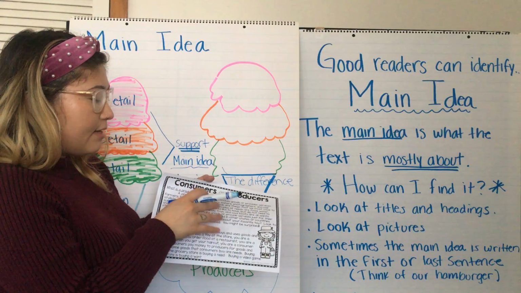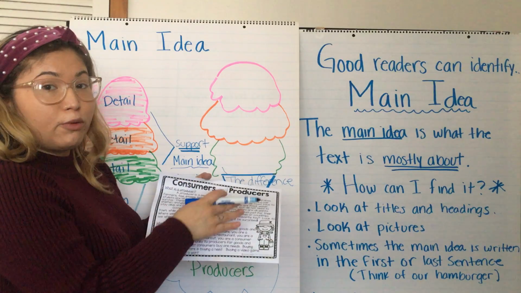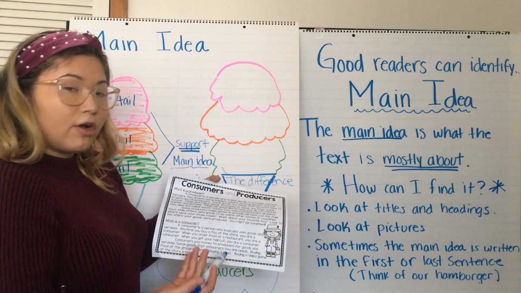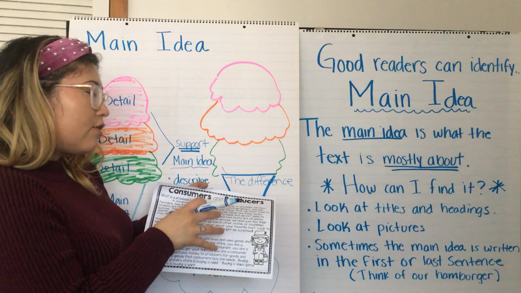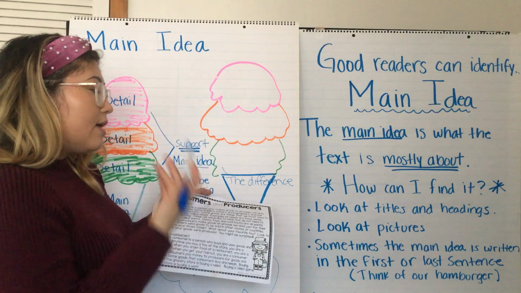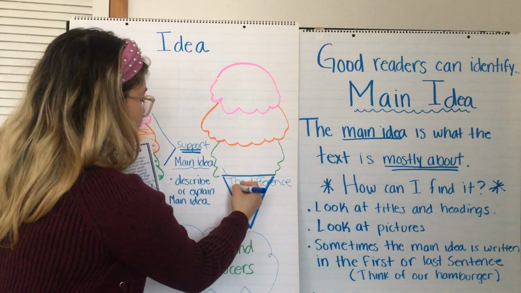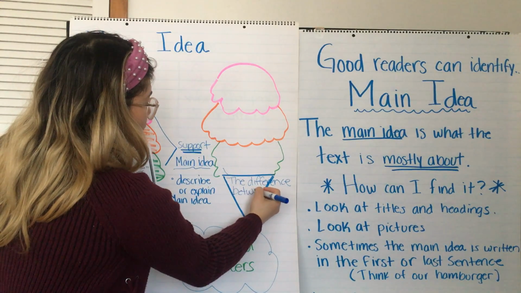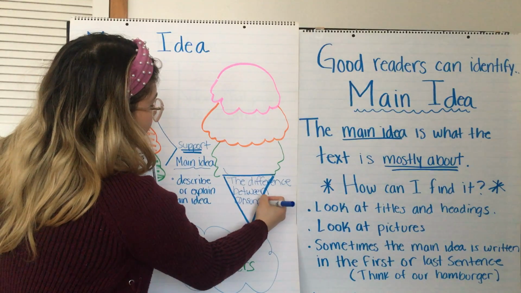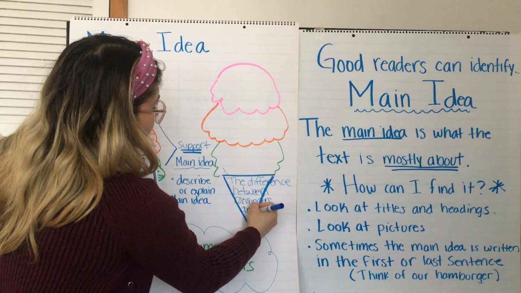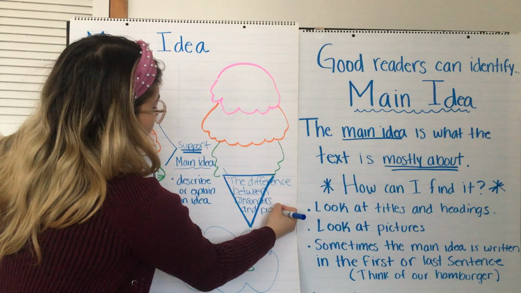So it was telling me everything that I needed to know about a producer, everything that I needed to know about a consumer. So the main gist of this paragraph was to tell me the difference between consumers and producers.